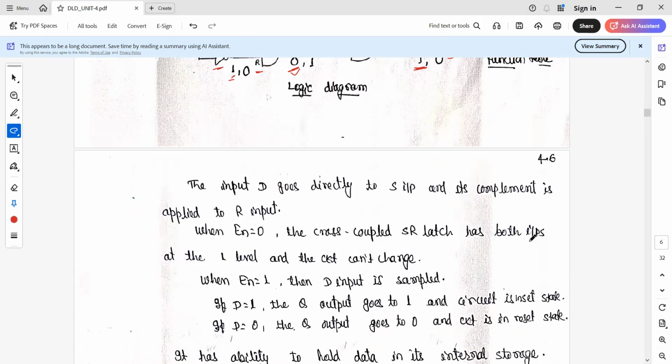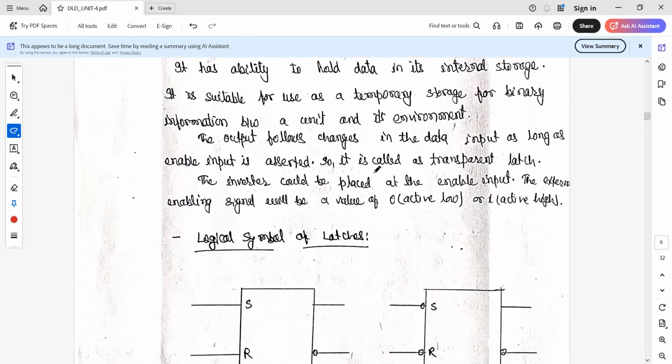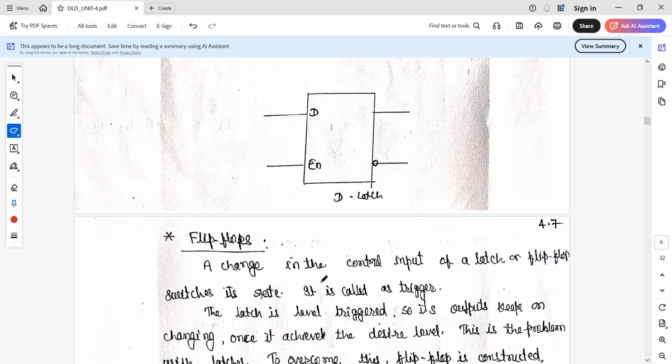For each and every latch, we must understand the functional table on the basis of which it is going to work. What we have discussed earlier about active low and active high, that concept is mentioned here. And these are the various symbols that we are going to use for the SR latch or D latch.